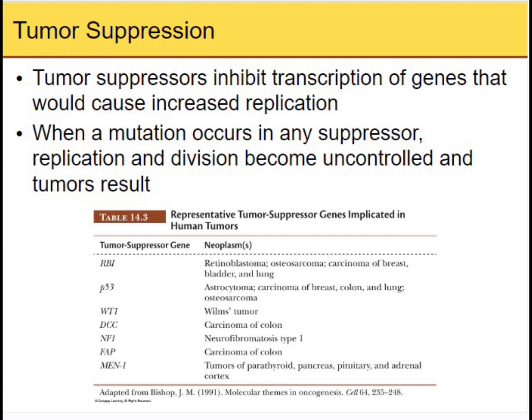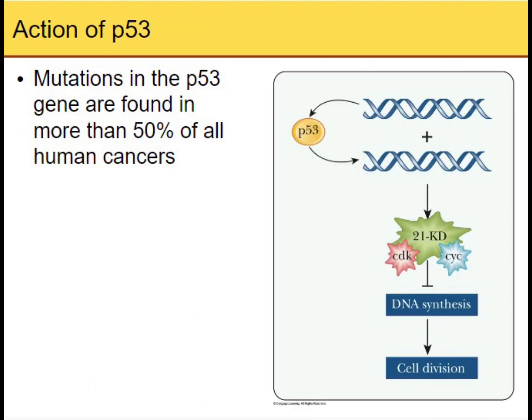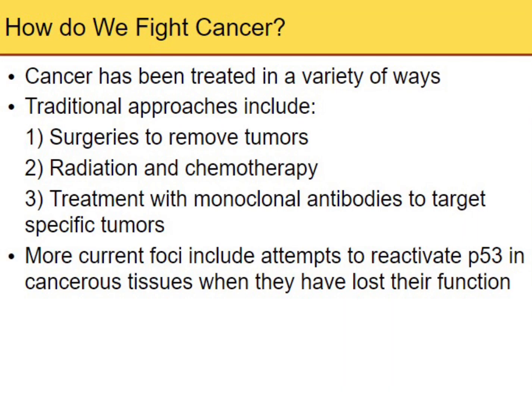The action of P53. P53 is a tumor protein that regulates the cell cycle as a tumor suppressor. The mutations in the P53 gene are found in more than 50% of all human cancers. How do we fight cancer?